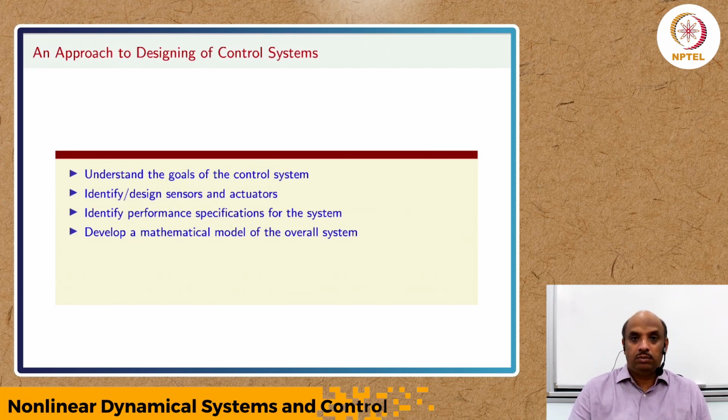And like any engineering system, if we develop a mathematical model of the overall system, then basically we can do a lot of groundwork before we actually implement on an actual system. And this course is all about not developing mathematical models, but using mathematical models. Can we achieve certain goals? Can we achieve optimization of a particular performance, and so on and so forth.